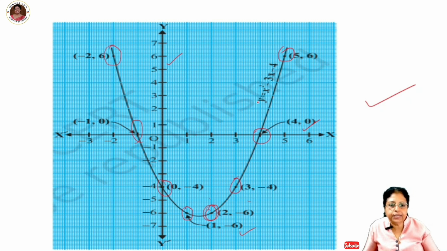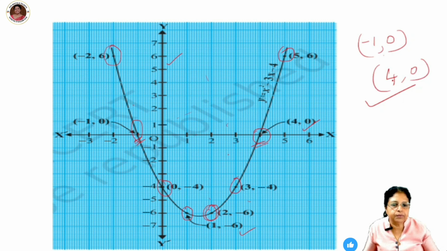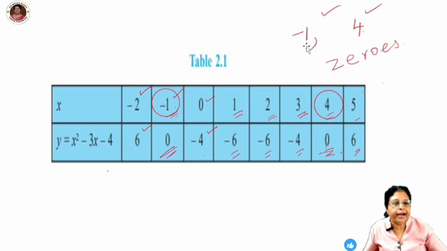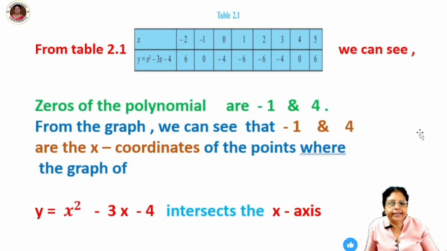If you observe this, you can see that this graph intersects the x-axis at these 2 points. Which are these points? -1, 0 and 4, 0. Already we know that -1 and 4 are the zeros of this polynomial. So we are consolidating the idea we got here.